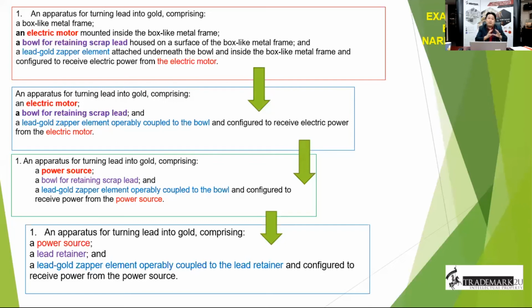Then I replaced electric motor with power source. I replaced the bowl for retaining scrap leads with a lead retainer. And this is how we finalize the final draft. See, drafting is fun actually.